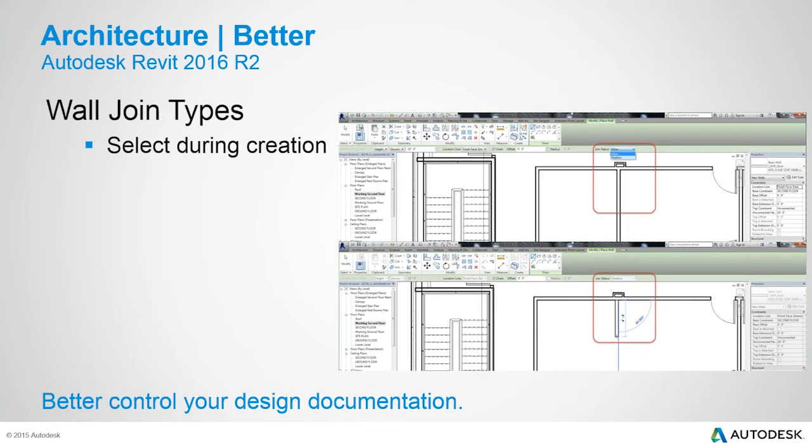Once you select the wall tool, you can select the join status of allow or disallow just as part of the drawing process. And this just gives us better control in our design views. So you'll find that option up here in the option box. There we go. We've got a drop down right here.